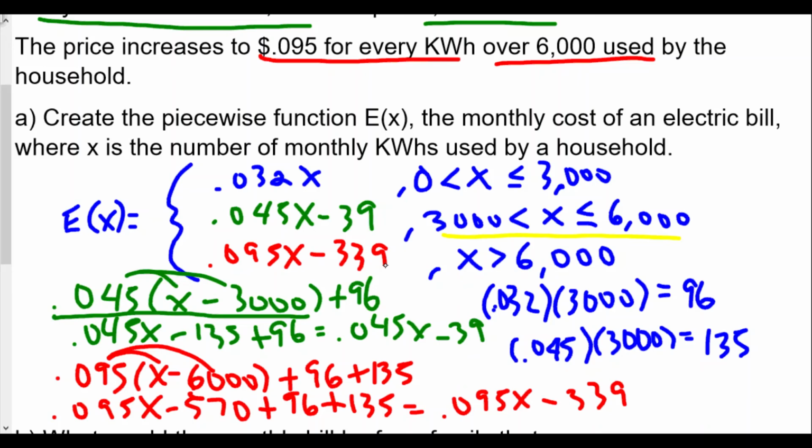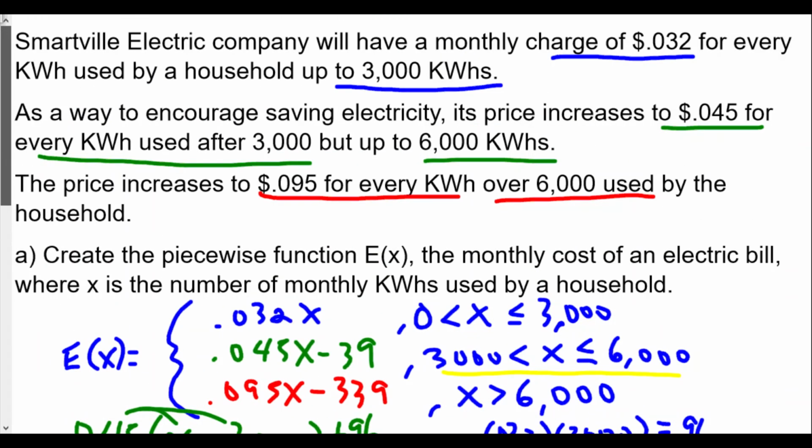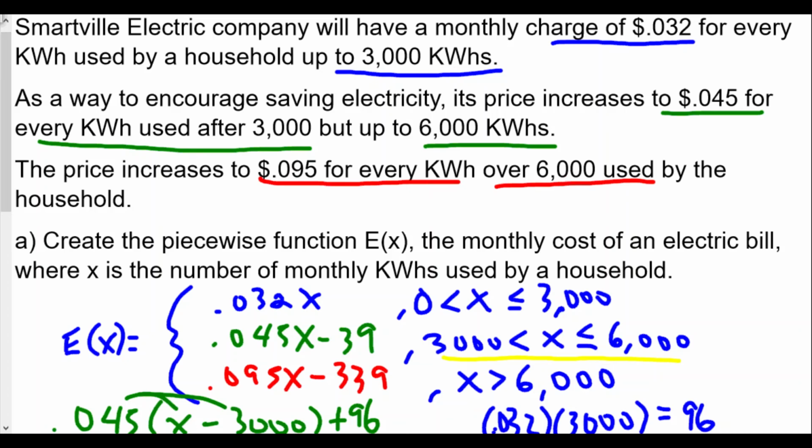So in this case, it's again pretty tricky, but you follow the same concept throughout. The first one is just going to be multiplying x times the first amount of 0.032. Then what you want to do is multiply this 0.032 by this maximum number here, and basically subtract that from the second amount, 0.045, but then of course x minus this interval value of 3,000.